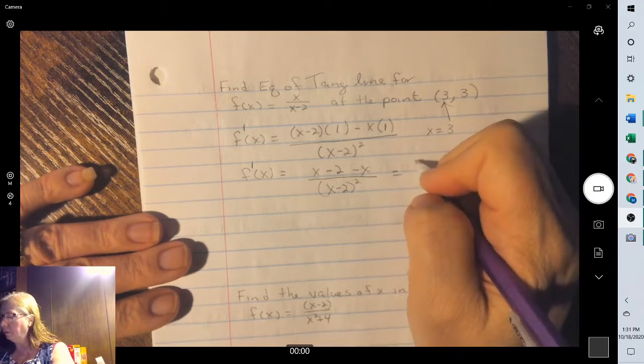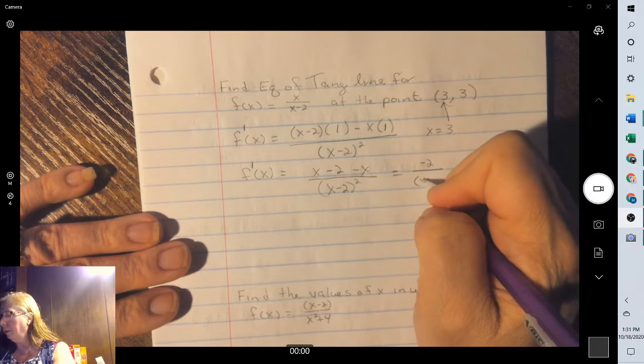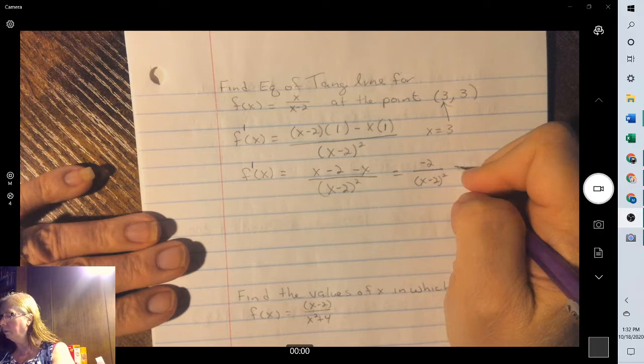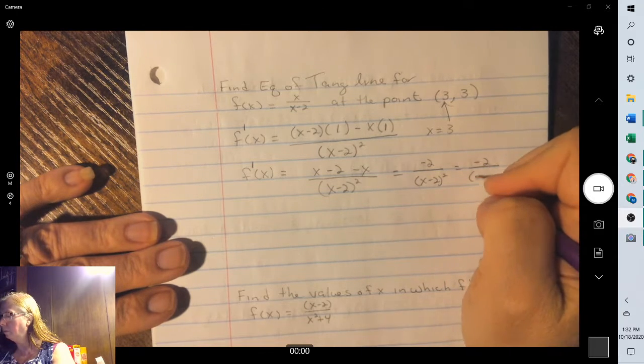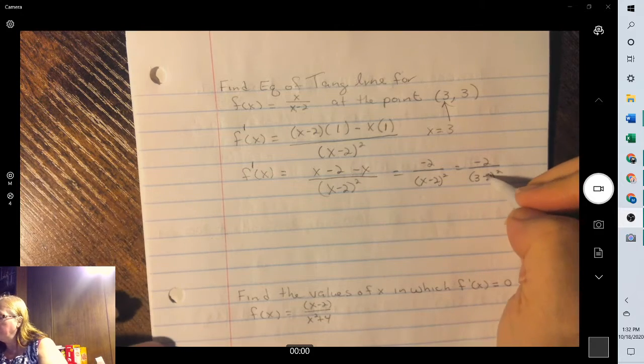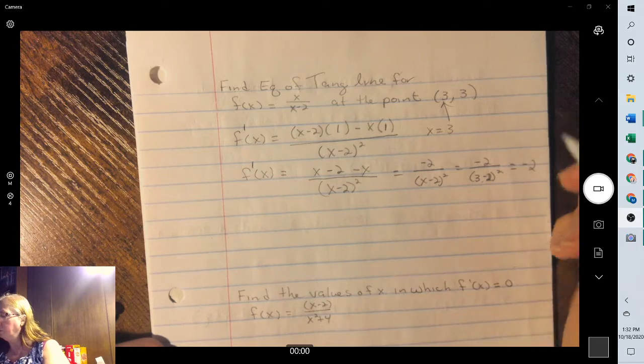Simplifying that, the x's drop out, negative 2 over x minus 2 squared. And then we're going to plug the 3 in. Three minus 2 is 1, squared is 1, so our slope is negative 2.